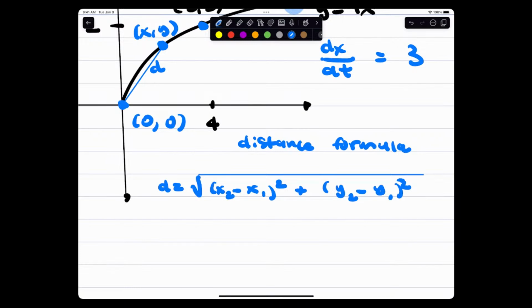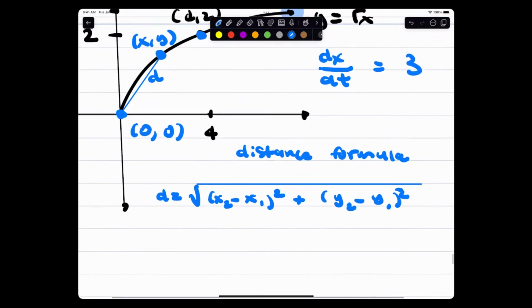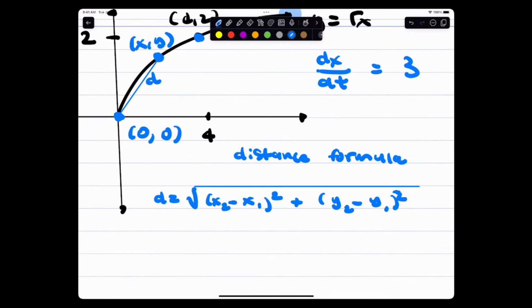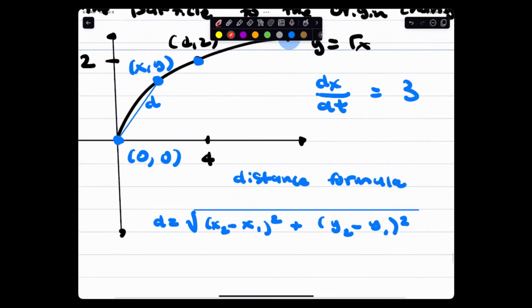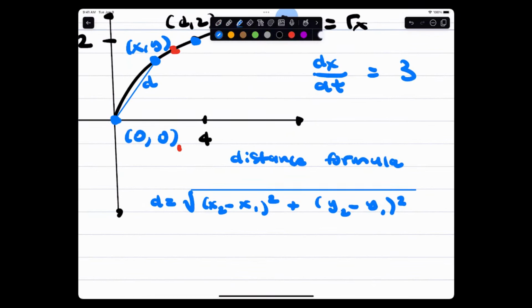Okay, you guys with me on this? Now, I'm going to say this to you guys. This is my second point. This is my first point. So x1 and y1, these are both what? Zeros.